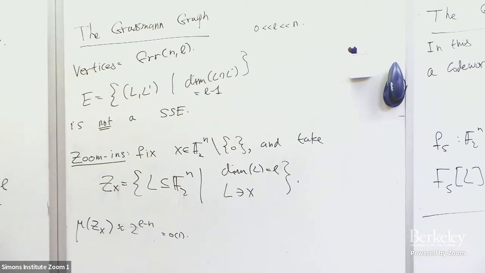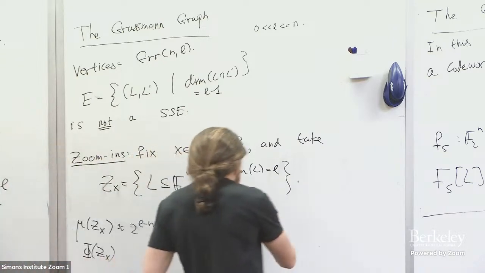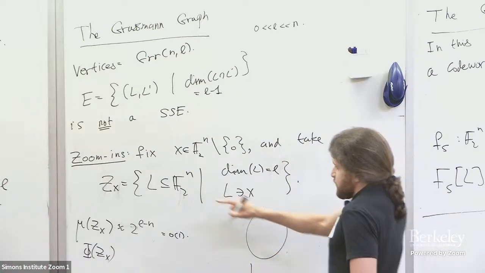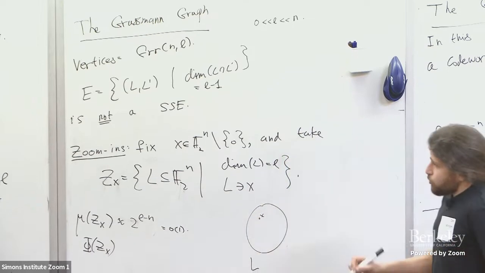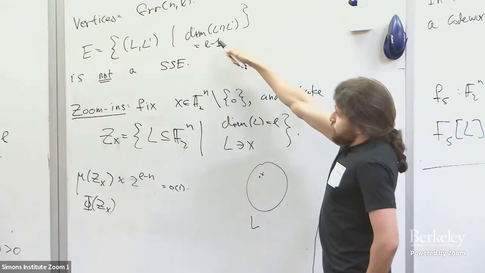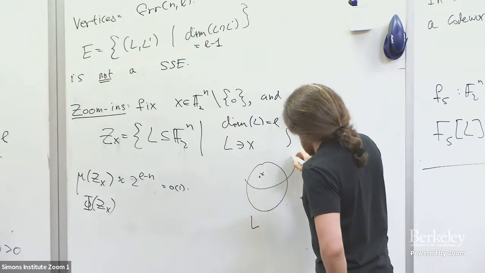But on the other hand, we can consider the edge expansion of Zx. Let's think about it. If we have L inside Zx, it means that the point x is somewhere in there. And now we take a step in the graph, namely we move to L prime, which intersects L in dimension 1 less. So it's going to be some L prime like that.